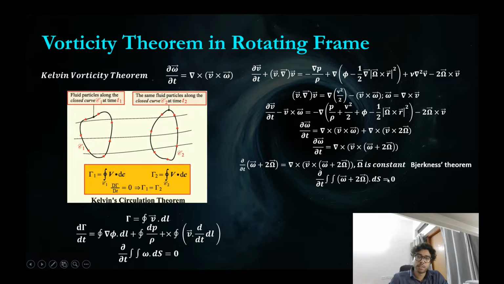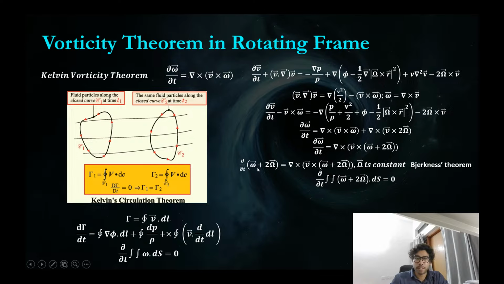So this is how the condition gets modified if you have a rotating frame. What does this physically mean? According to the vorticity theorem, if you have no vorticity at the initial time, the system will not have any vorticity at a later time as well. So if omega is zero initially, del omega del t will be zero forever.